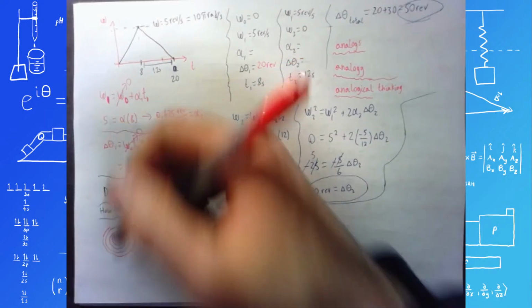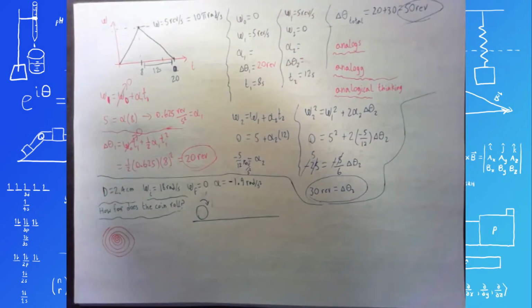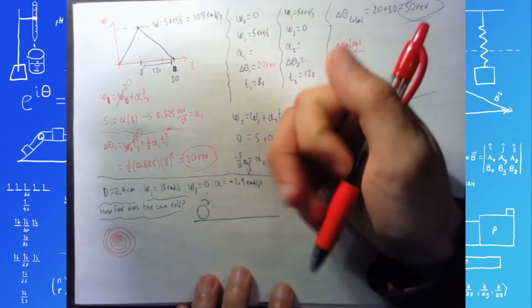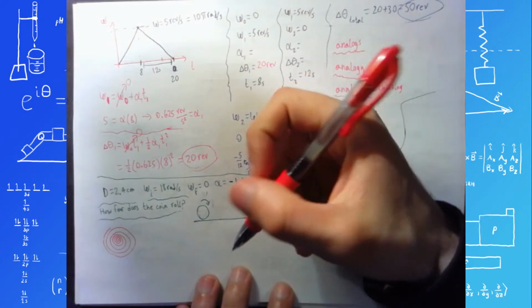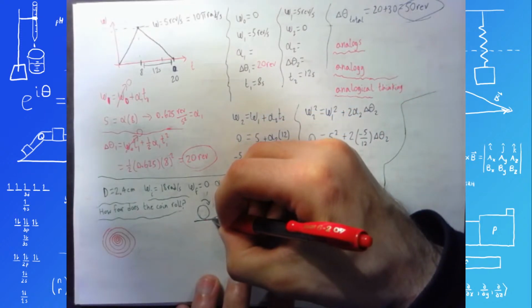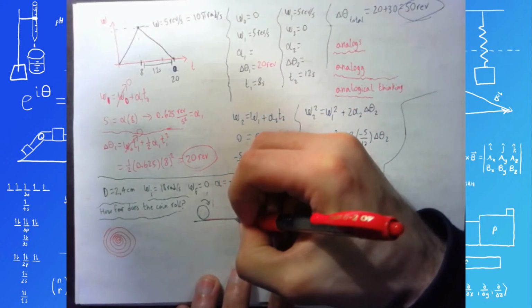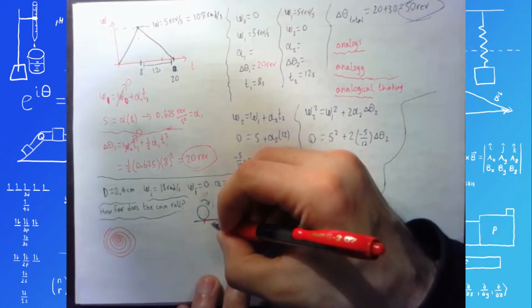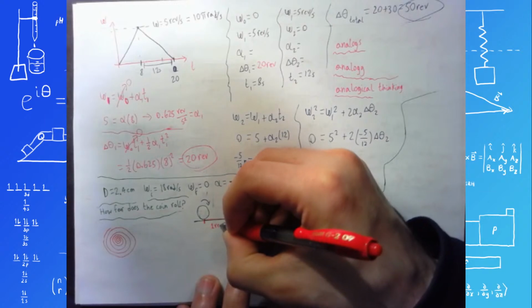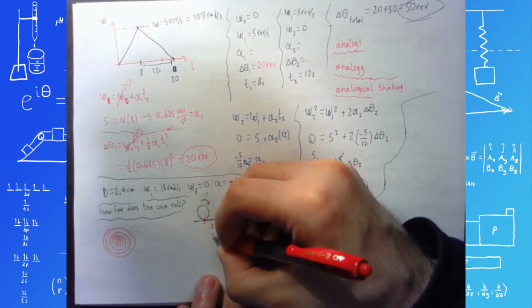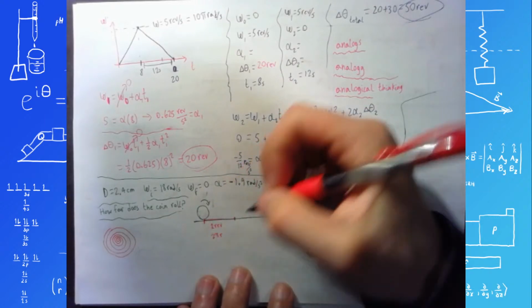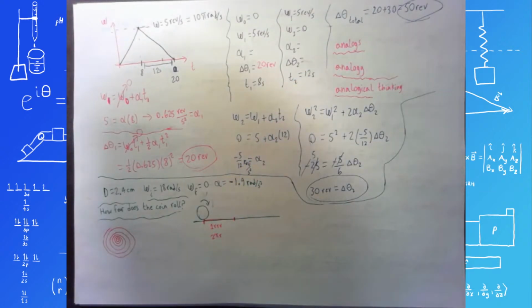But the point I'm trying to illustrate is that if this coin rolls one time, if it completes one revolution, then the distance it traveled by the time it makes one 360-degree turn is going to be 2 pi r. It's going to be one circumference of distance traveled.